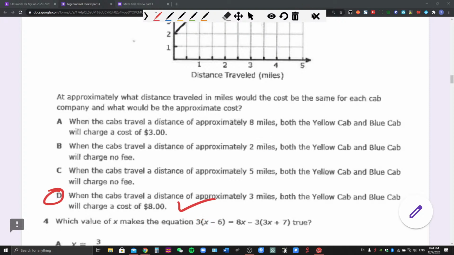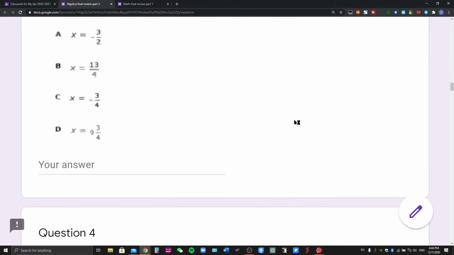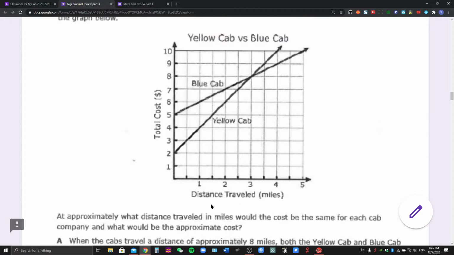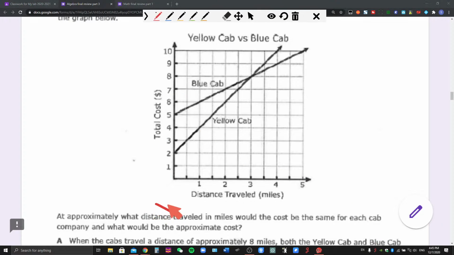Let's go to question 4. The cost for renting a cab at the yellow cab company and the blue. Okay, so it's the same graph, right? At approximately what distance traveled in miles? That's at what x?